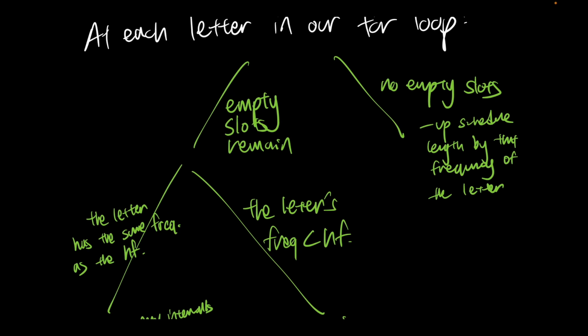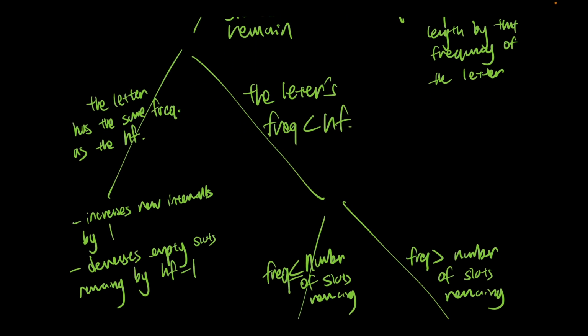And we know that if there are still empty remaining slots before this iteration, then it must have filled in evenly among those HF minus 1 segments of the schedule. So there are no uneven fill-ins in any case of the letter having the highest frequency, since all of the ones before also must have had the highest frequency.